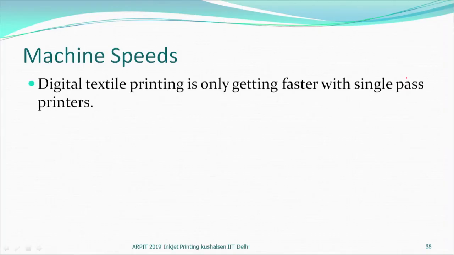Nothing moves here. The print heads are fixed and the fabric moves over a conveyor belt, then goes to the dryer and so on and so forth. Result, machine speeds. Single pass machines are becoming fast printers.